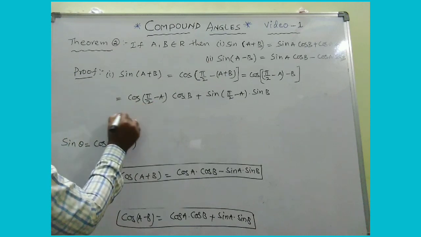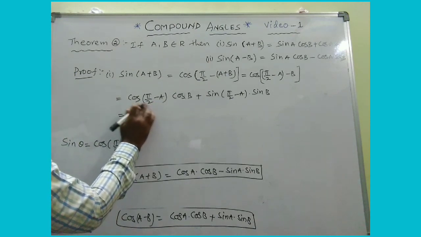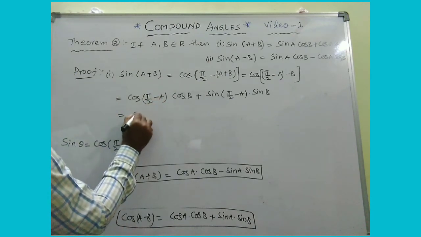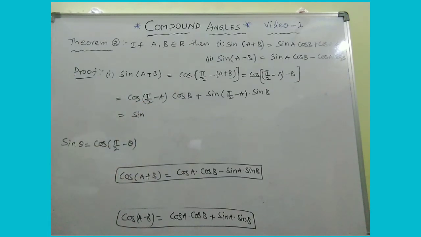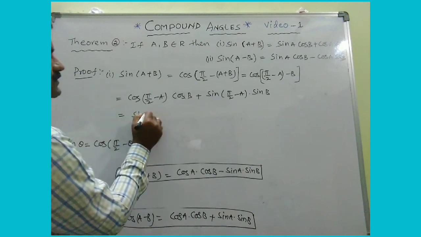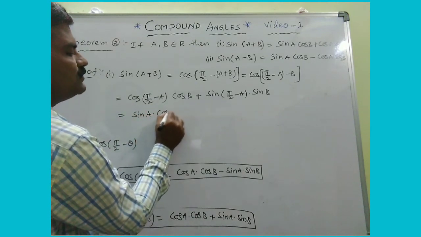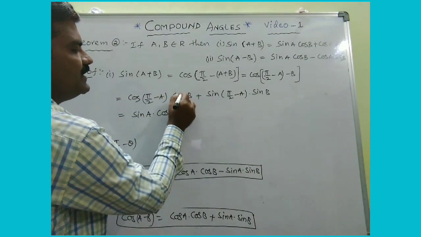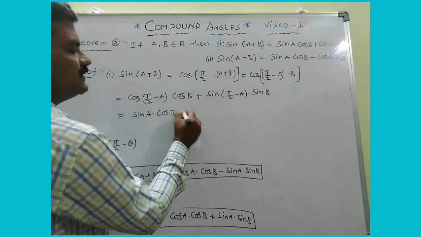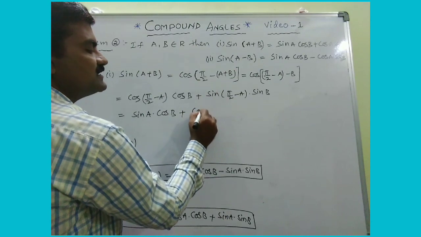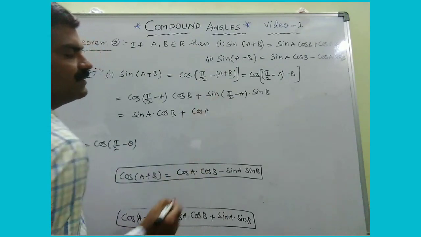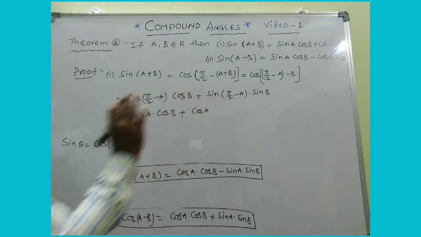Now can you tell me what this is? Because of 90, cos changes into sin. And this is 90 minus theta, first quadrant, anyhow positive. So this is sin A into cos B plus, once again because of 90, sin changes into cos A. Again first quadrant, anyhow positive.